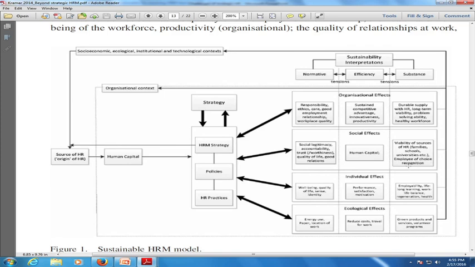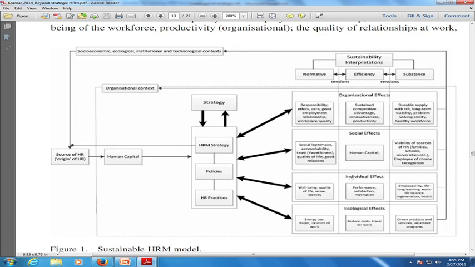Employee of choice, recognition, so all of this. Then the individual effects: there's well-being. The normative individual effects of normative interpretations of sustainability are well-being, quality of life, sense of identity.